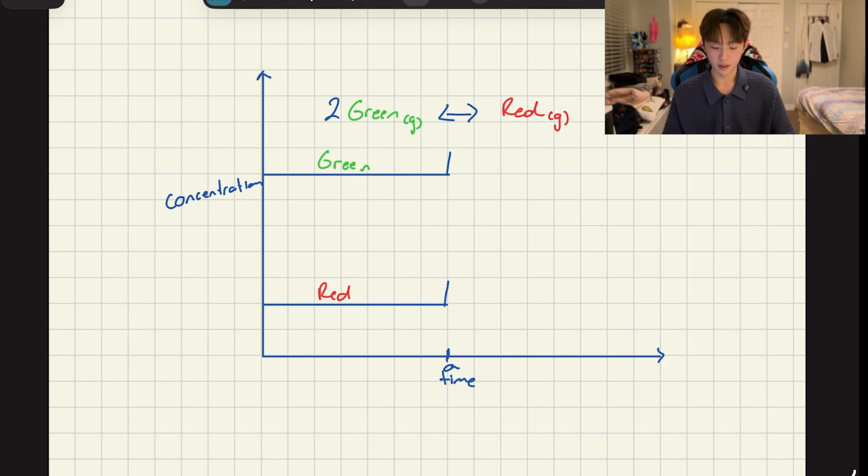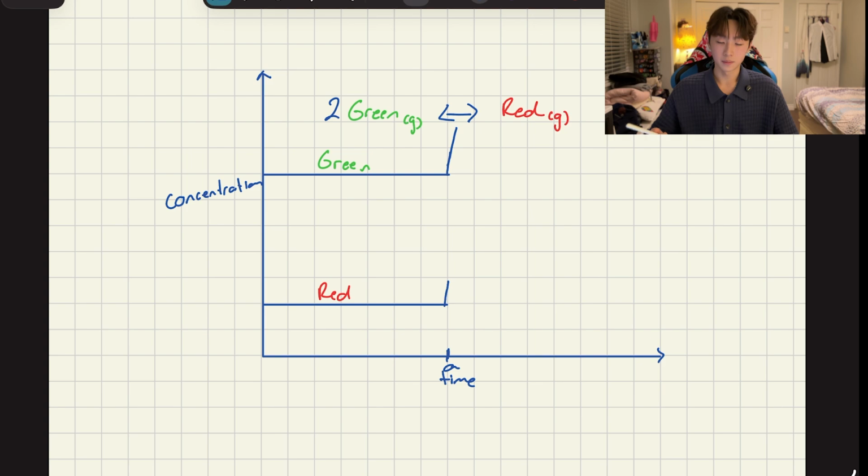But if you look at the reaction here, we have 2 moles of green gas reacting to form 1 mole of red gas. And because there are more gas molecules on that side, it's going to be affected more by the change in pressure. So the concentrations actually go up even more. Okay? And at this point, you have more green than you have red. And that disrupts the equilibrium.